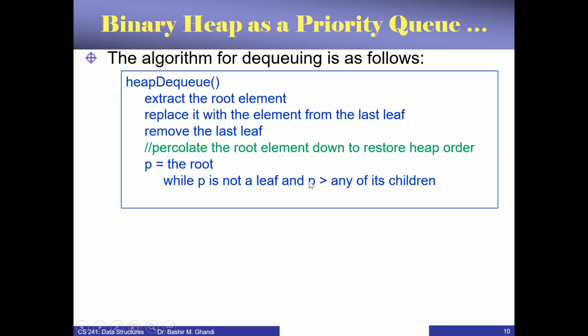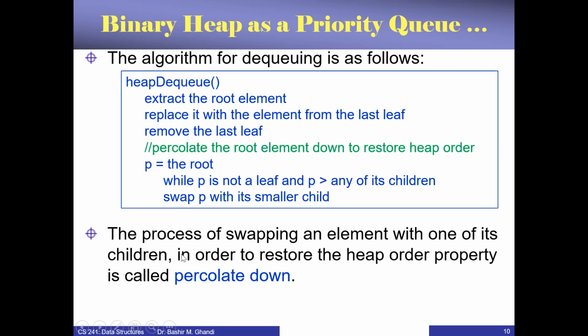So if the parent is greater than the children, then this is not a min heap. We have to swap it with the two children. But which of the two? The smallest of them. So swap the parent with the smallest of the two children, and repeat the process. So until either this condition is no longer true, so we have reached the correct place, or until the new element we were trying to calculate down actually becomes a leaf.